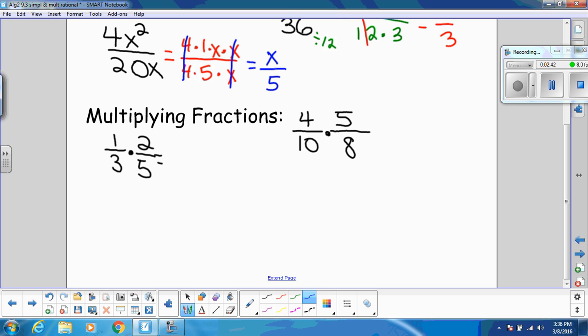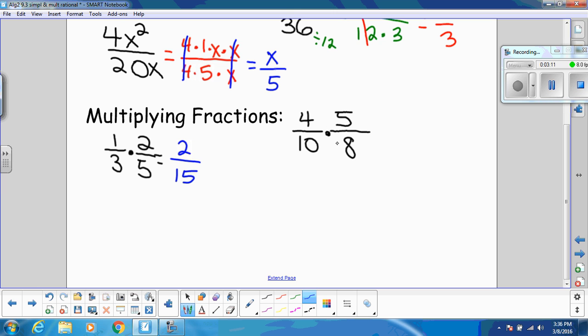Now, multiplying fractions, you can do them a few ways. Remember that the basic idea is that we can multiply the numerators together. So if I was doing this one right here, 1 times 2 is in the numerator, so 1 times 2 is just 2. And then 3 times 5 is 15. And that's how we multiply fractions. Now we can always check to see if we can reduce, but I cannot divide 2 and 15 by anything.